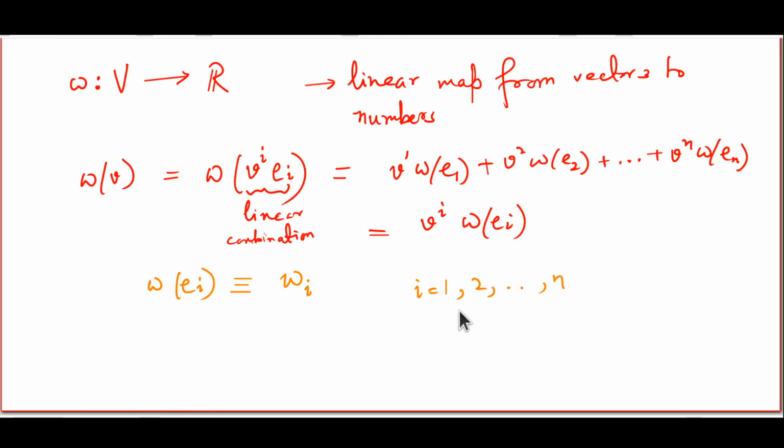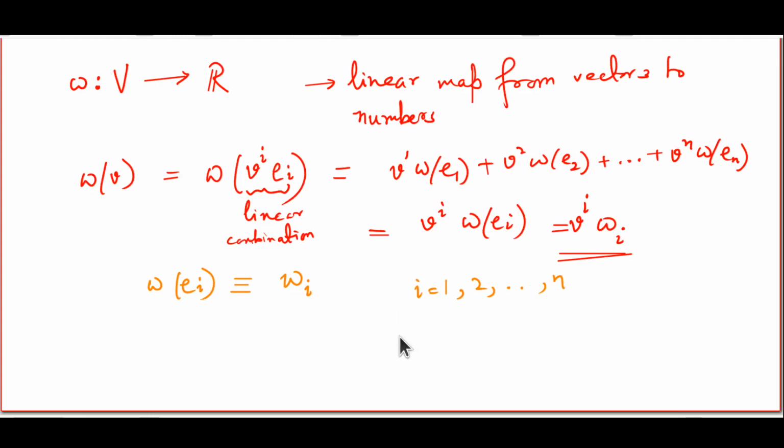And this is perfectly consistent with our earlier definition of covector components, because once we have put in this definition, what we get is omega acting on v has to be nothing but vi times omega acting on ei, and omega acting on ei is just omega i. And this is exactly what we have said earlier is the result of a covector acting on a vector.